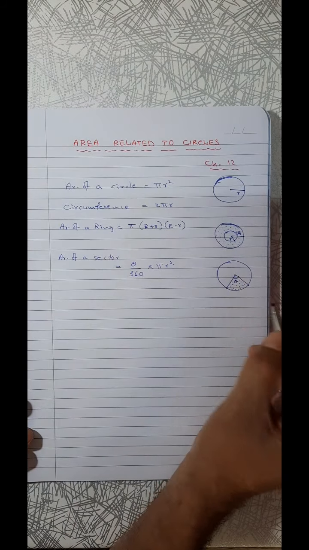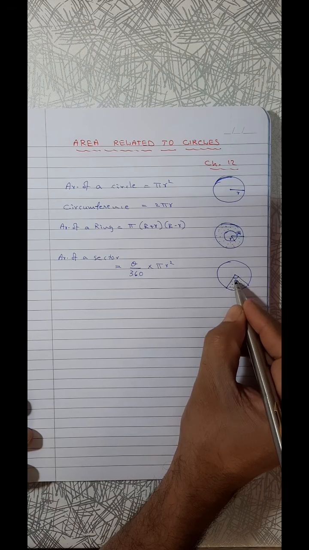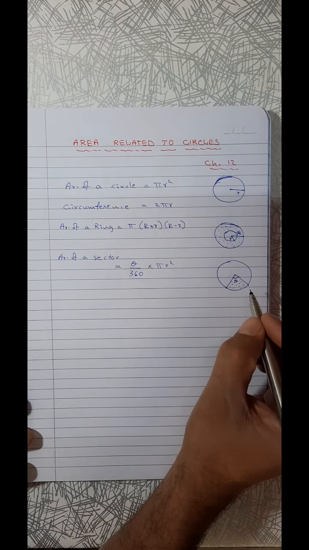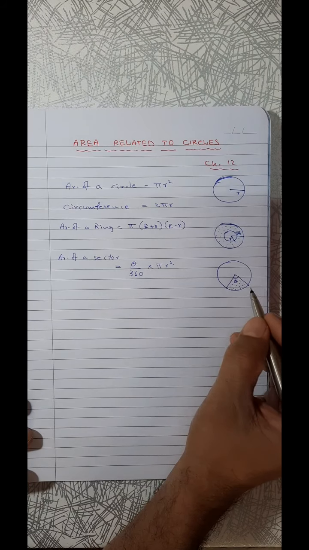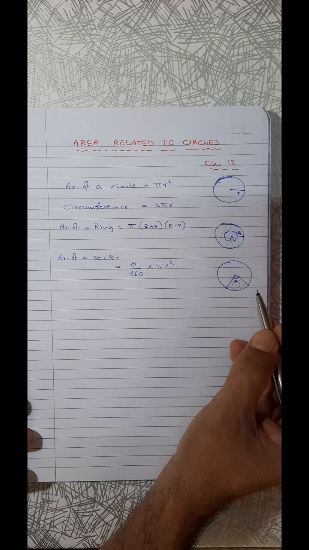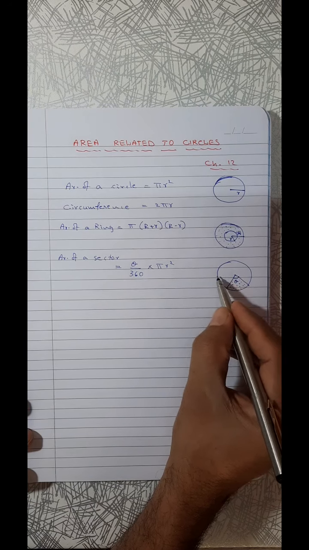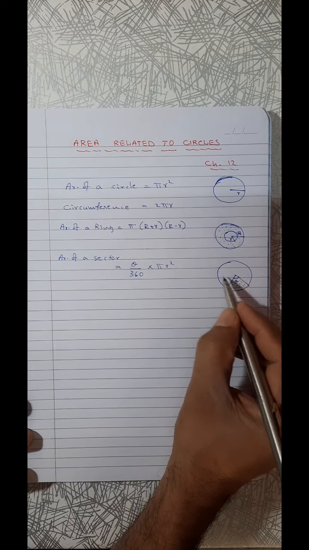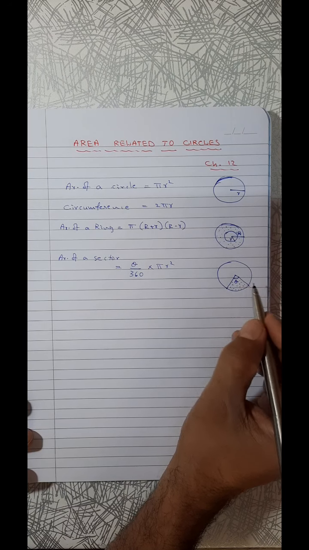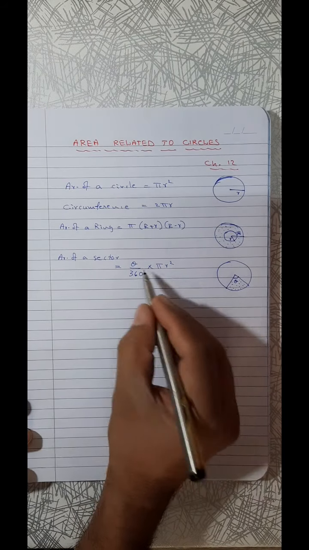Full circle means pi r square. Now we are taking only one small part, theta degree. Theta by 360 into pi r square, like 1/3 of the full circle, 1/4 of pi r square, half of pi r square. Half means what? Half of the circle means 180 degree. Total is 360 degree. So 180 by 360 into pi r square, that is half pi r square.